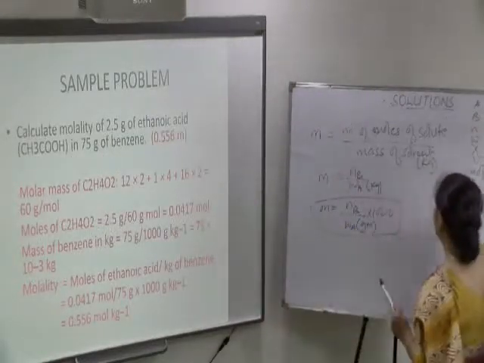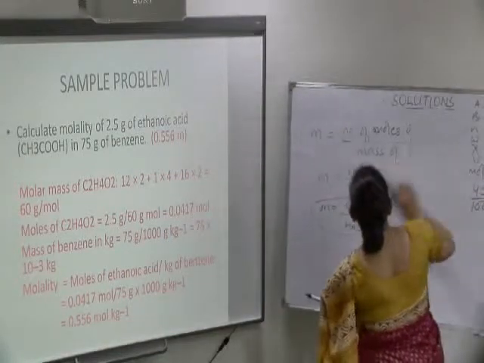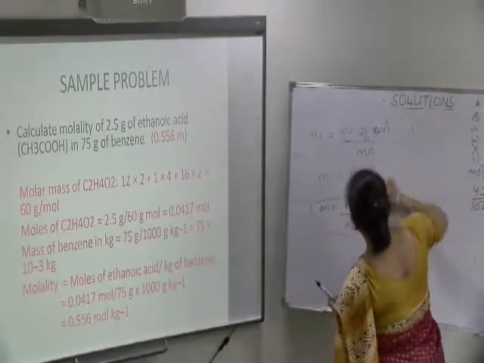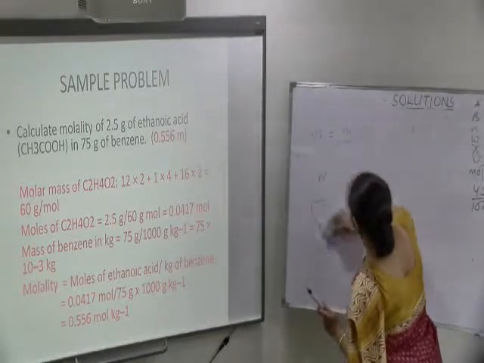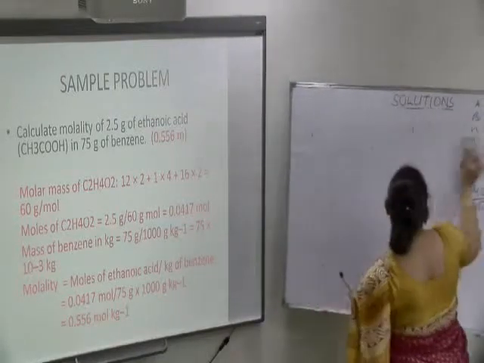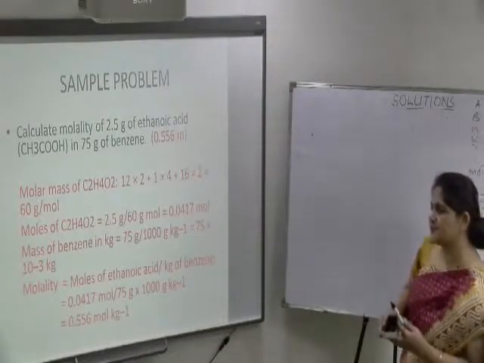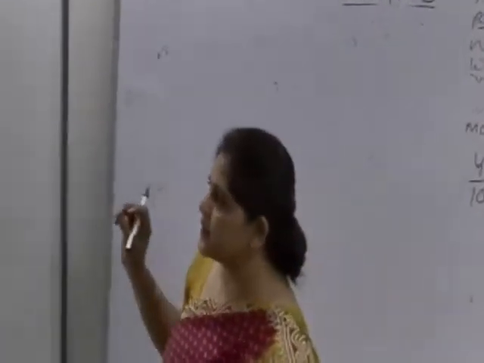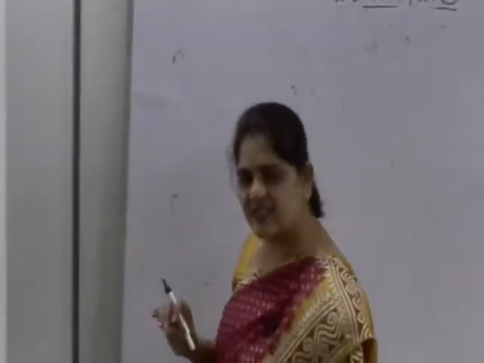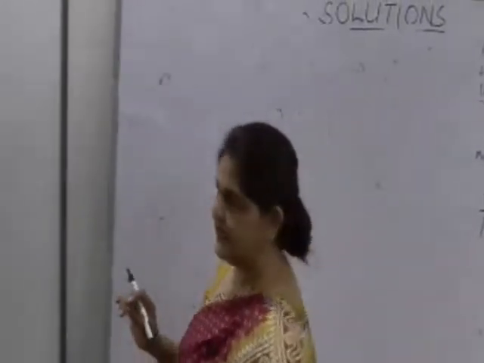Let's take a sample problem. When we read this question, calculate molality of 2.5 gram of ethanoic acid in 75 gram of benzene.